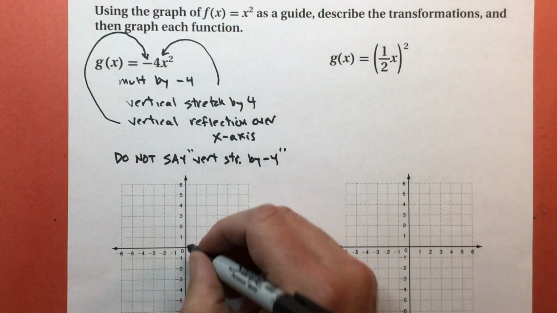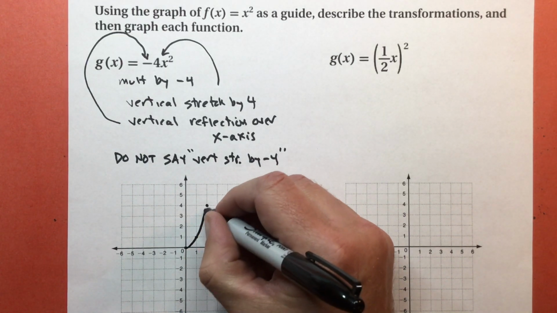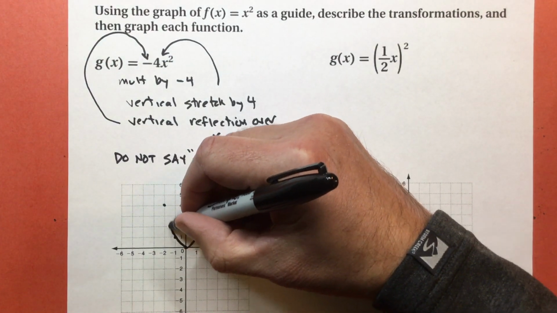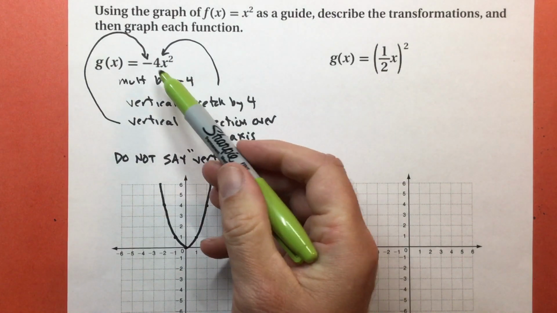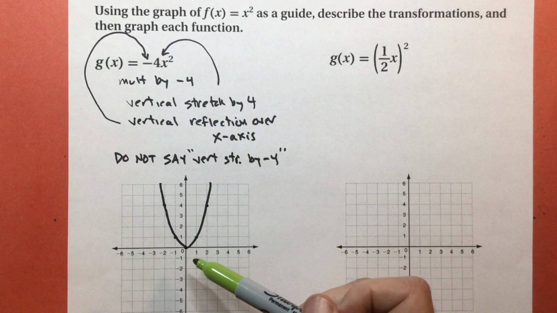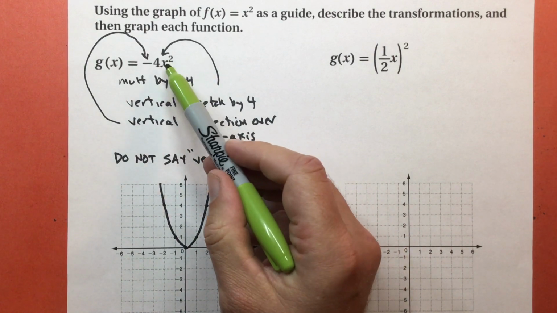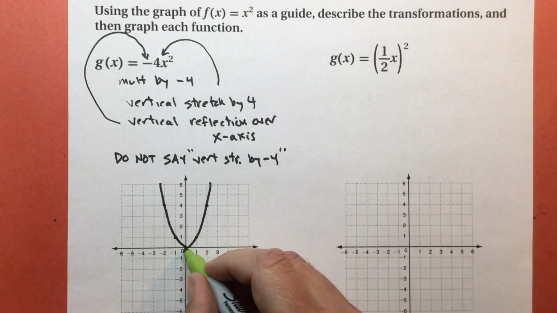Okay, let's sketch a graph real quick. Here's my parent function. And how do I get my -4 times x squared? Well, you can stretch it by 4 and flip it, or you can just put the numbers in and see what you get. Let's put 0 in. 0 squared is 0, negative 4 times 0 is 0. So that's going to be the same spot right there.